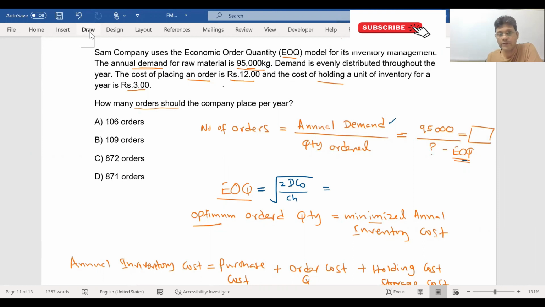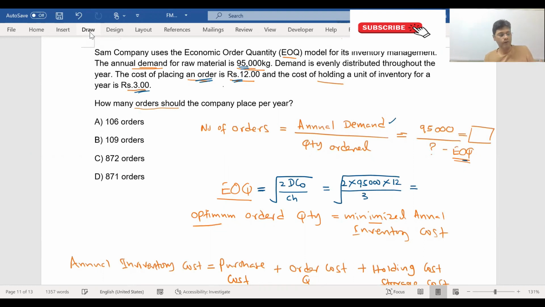Let's take 2 times the annual demand, 95,000, times the ordering cost, 12 per order, divided by the holding cost, 3, then take the square root.